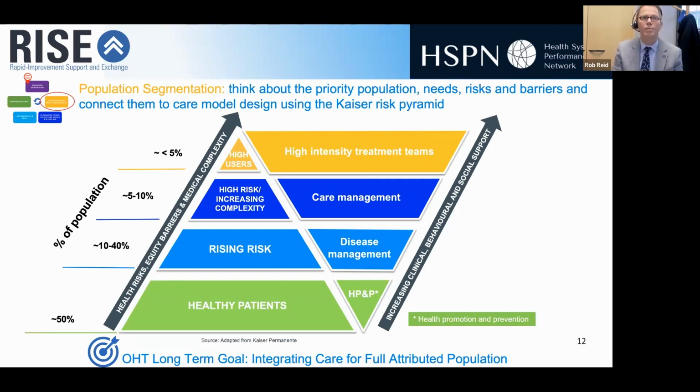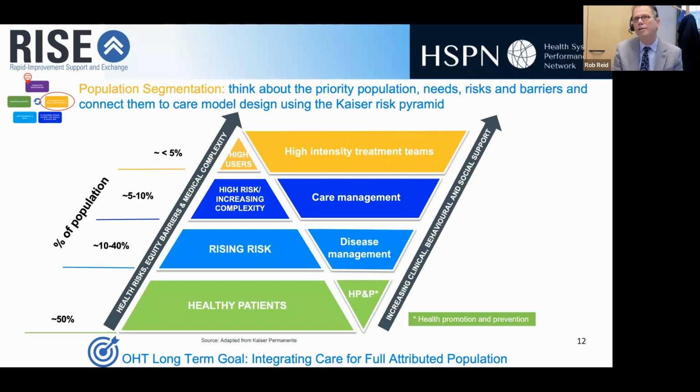And as you move up this pyramid, luckily the size of the levels shrinks, but as you move up the pyramid, the health risks, the equity barriers, and the medical complexity increases. And that means that you also have increasing needs for clinical, behavioral, and social support systems. So as we think about populations, we have to think about all of these people and all of their different needs as we move up the risk pyramid.